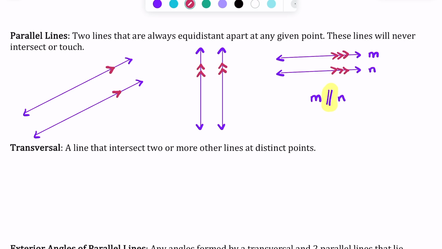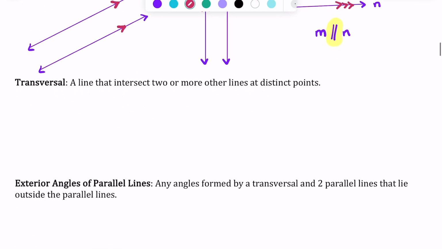Okay, next definition, a transversal. A transversal is a line that intersects two or more other lines at distinct points. So I'm going to have two or more other lines just casually about. So I'm going to draw two or more lines here. I'll start with two in this first example.